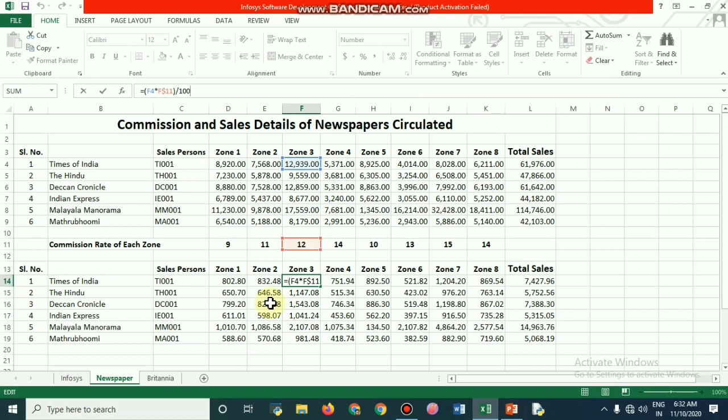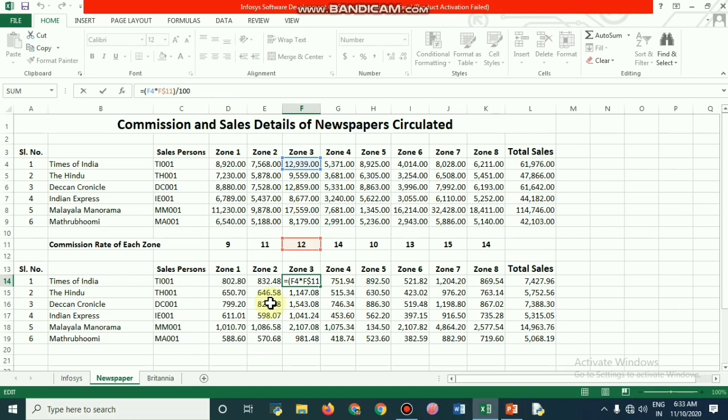So if you want to make a cell address change or to stay constant, you have to put a dollar sign in front of the row number or the column address or the column name of F, etc. accordingly.